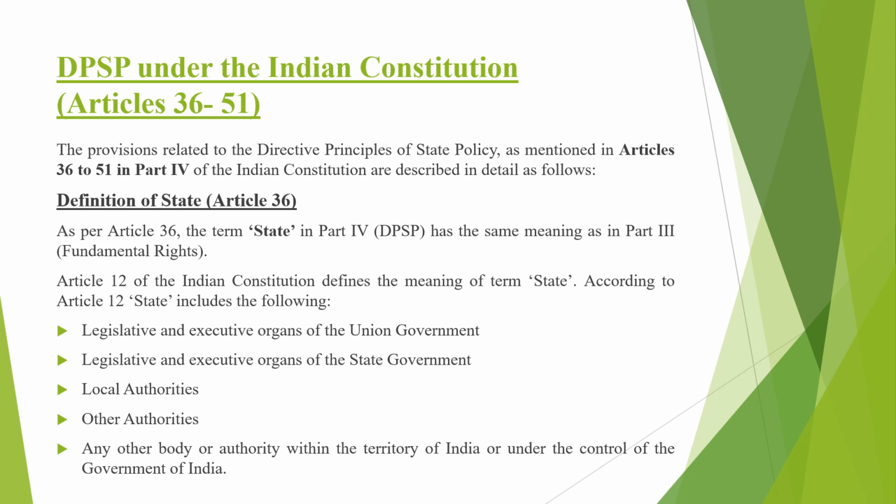Lastly, any other body or authority within the territory of India or under the control of the government of India. So when we talk about the state in the context of directive principles of state policy, we refer to these entities outlined in Article 12 of the Indian Constitution.